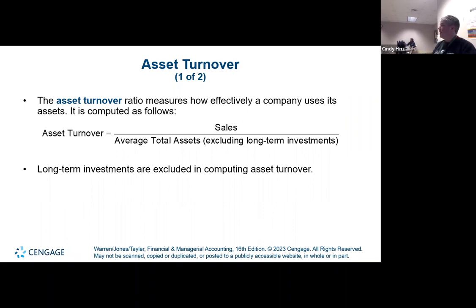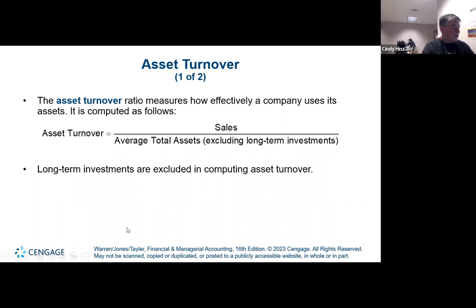The reason is that those are not assets being used in the normal course of operations to generate income or sales. When we talk about how effectively they're using the assets, we want to measure only the assets they're actually using. And by definition, long-term investments are not being used in the normal course of operations.